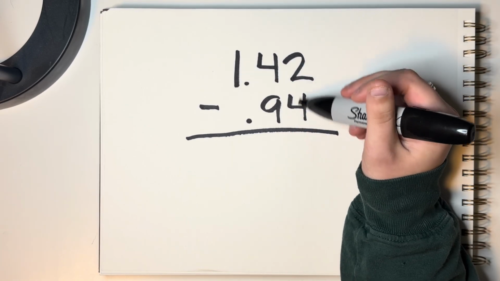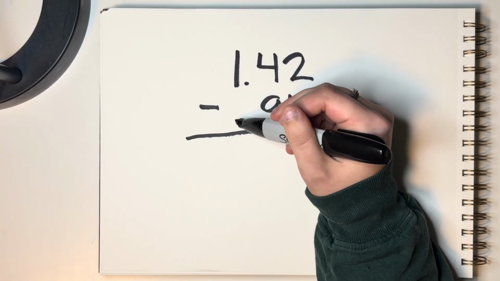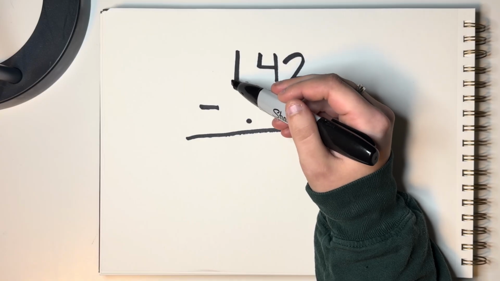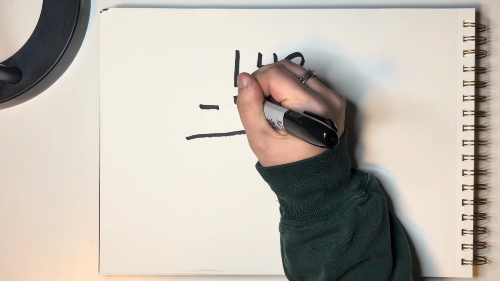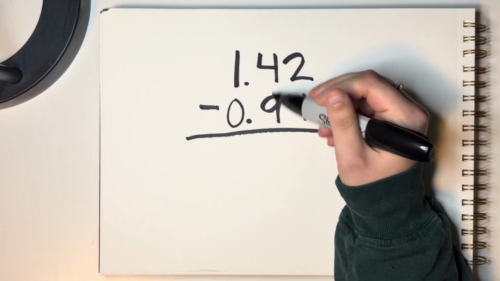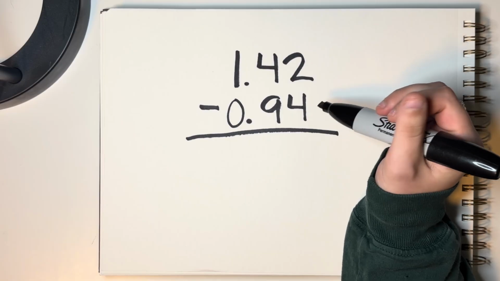The place values have to be lined up. And anywhere that you see a value that is missing, when the other value has a number in a place value, you're going to add a 0. So right now I'm going to add a 0 here so that I have the exact same number of numbers in all my place values.